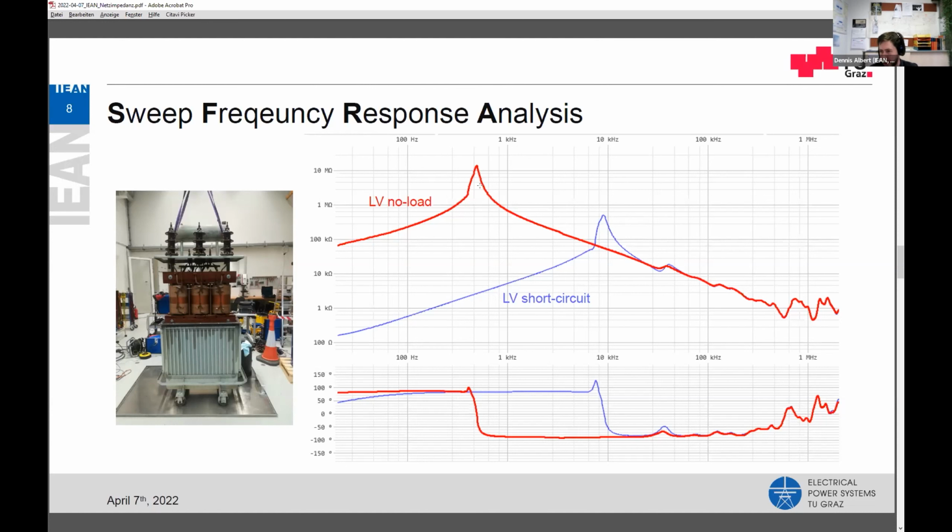It usually starts here at the first resonance frequency of the transformer, which is usually well below 1 kilohertz. And you can really distinguish between short circuit and no load condition. And that is basically what we do.